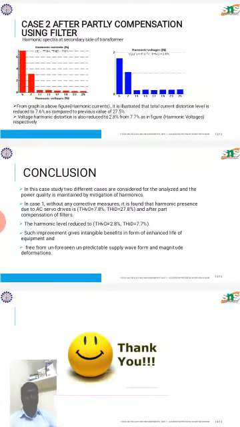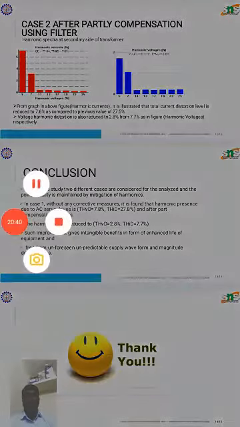Such improvement gives intangible benefits in the form of enhanced life of equipment and freedom from unforeseen, unpredictable supply waveform and magnitude deformation.